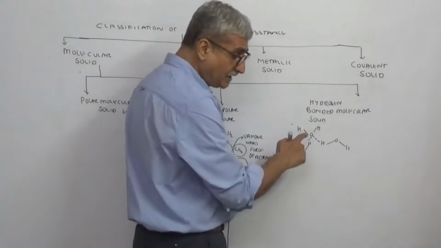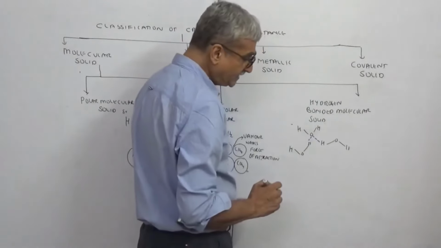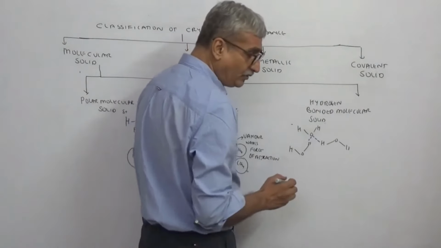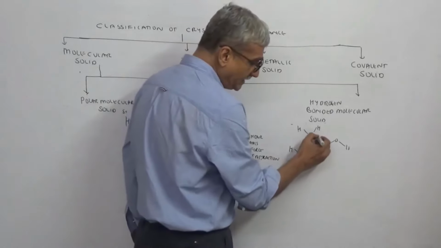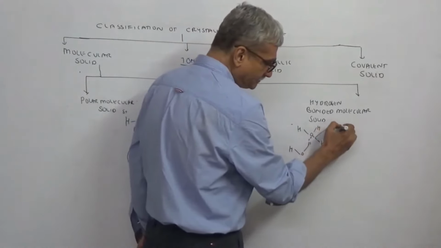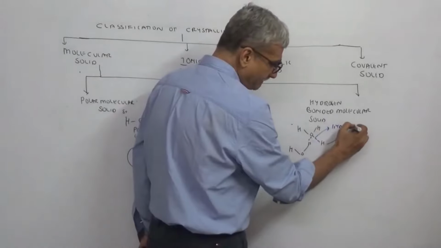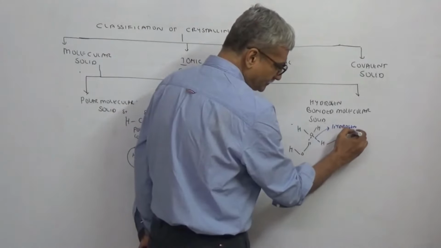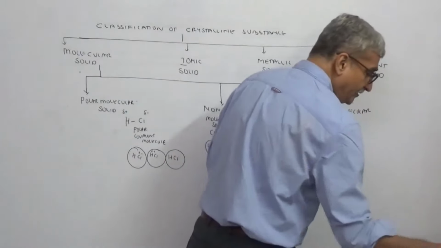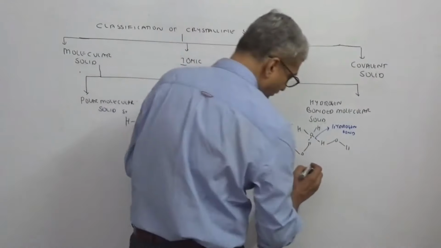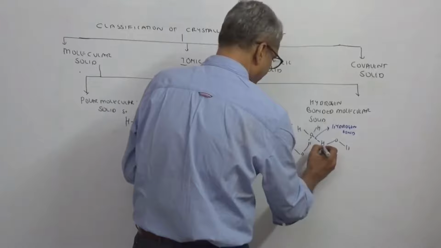So it is tetrahedrally shaped. Two bonds are covalent and these are hydrogen bonding. And this becomes tetrahedral.